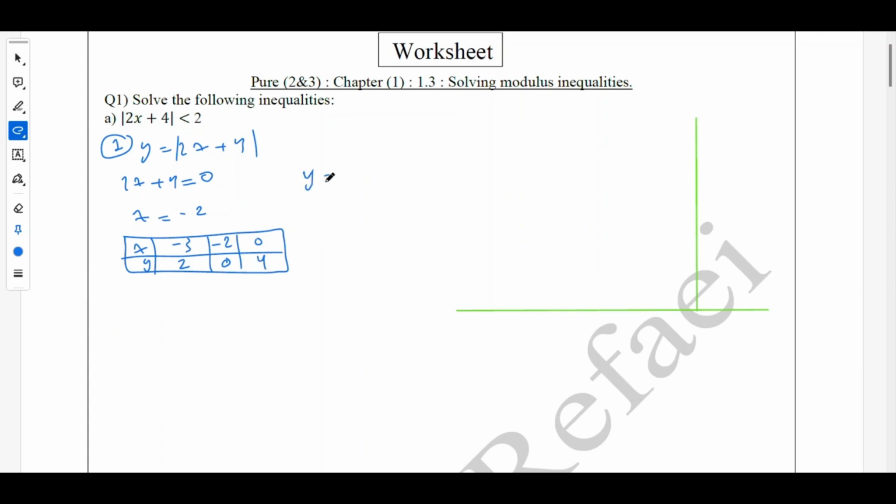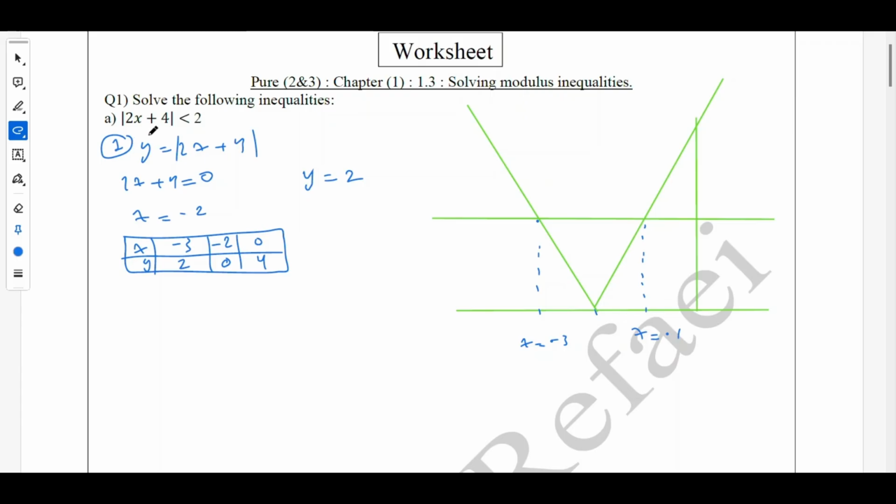Y equals 2. As you see, I have two solutions. I'm going to focus on the two solutions where the two graphs intersect. They intersect when x equals negative 3 and x equals negative 1. Let's go back to the inequality.